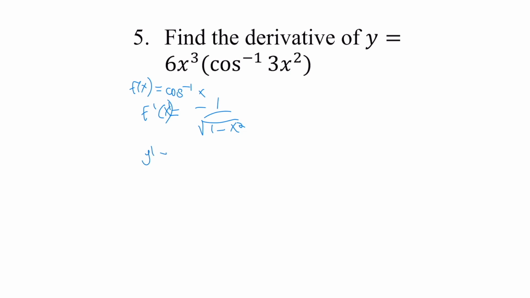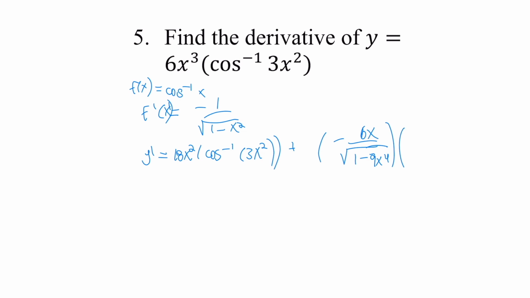So y prime is going to be equal to 18x squared cosine inverse of 3x squared, and then plus negative 1 over the square root of 1 minus 3x squared to the power of 2, which is 9x to the 4th power, times the derivative of 3x squared by chain rule, that's going to be 6x, times 6x to the 3rd power.